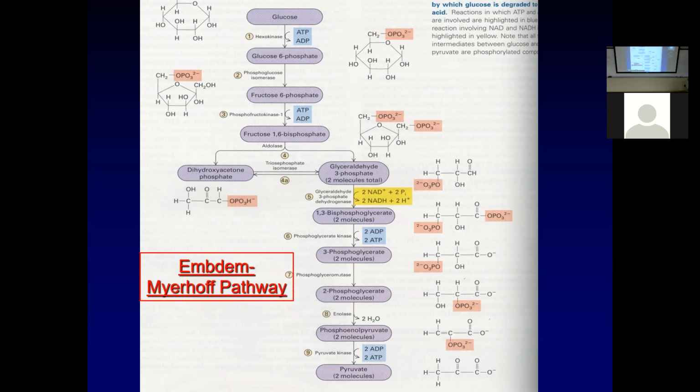What happens to the pyruvate is the thing that controls everything else as we go forward. This pyruvate can go into the Krebs cycle, into what we would think of as aerobic metabolism, or this pyruvate can be made into lactic acid.